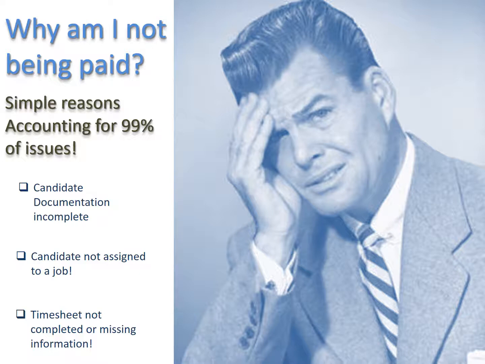But it's important as well that you do assign your candidate to a job role, and the right job role, otherwise the approvers won't see your candidate on their timesheet. And again, it could be that some timesheet information has not been completed correctly. Those three things could result in delay in payments.